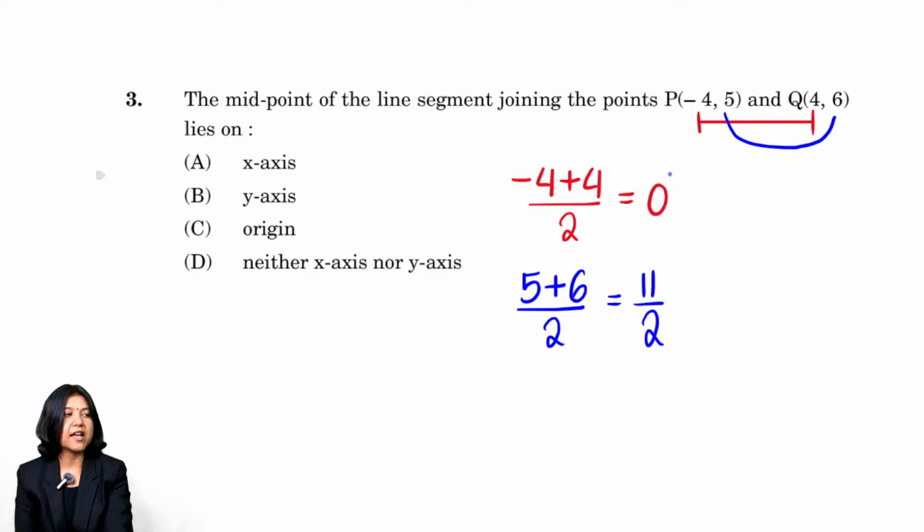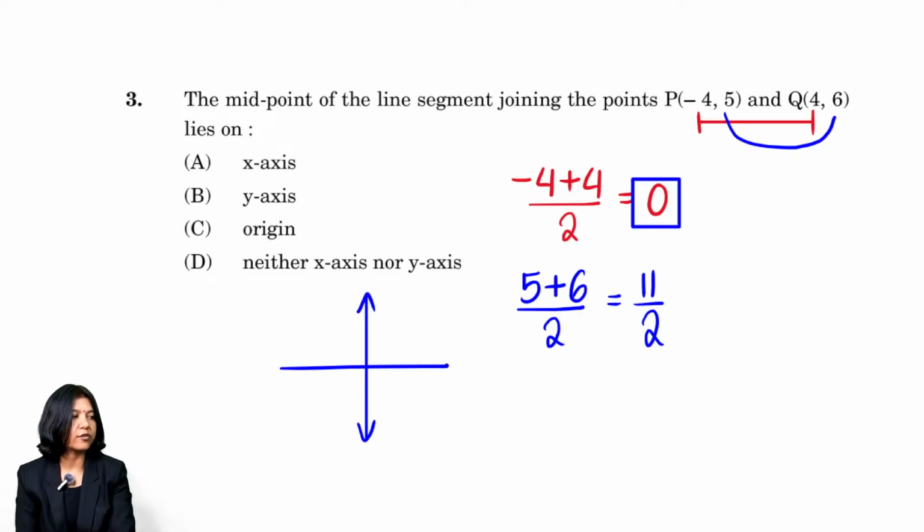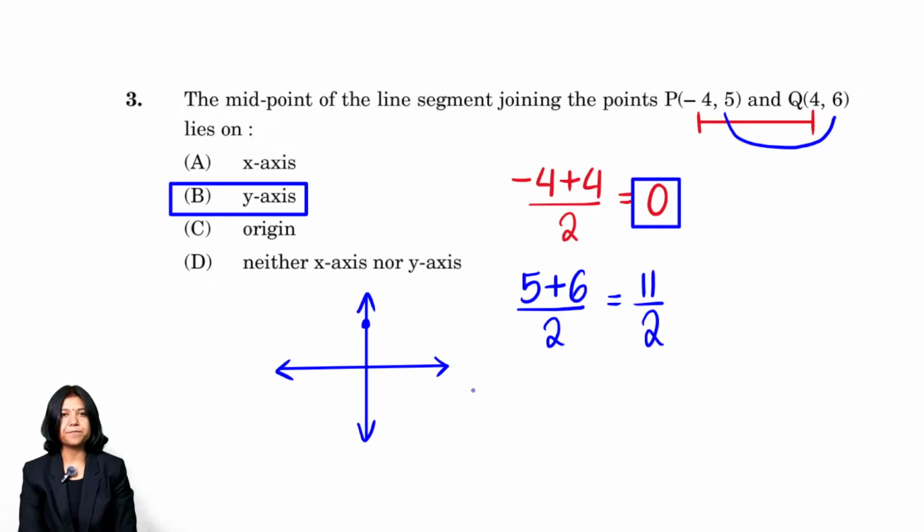But if the x coordinate is 0, then you know it lies on one of the axes. Any point lying on the y-axis will always have the x coordinate 0. Thereby, I can say that the midpoint lies on the y-axis. So hence the answer is option B.